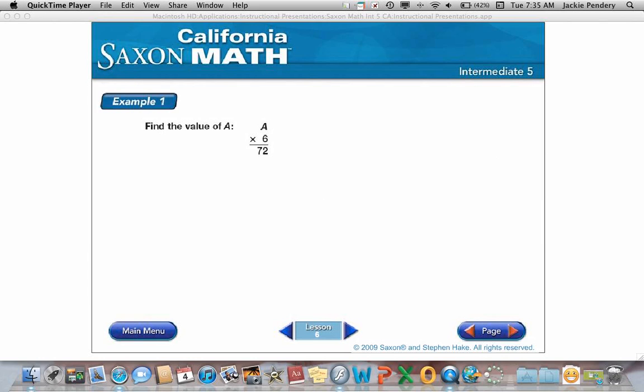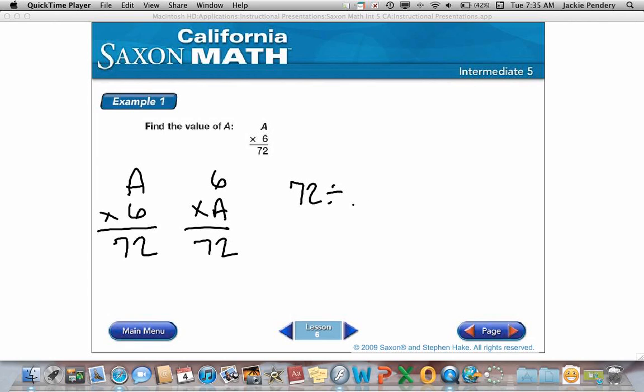Example 1 is a times 6 equals 72. So if we rewrite this in our fact family: a times 6 equals 72, 6 times a equals 72, 72 divided by a equals 6, and 72 divided by 6 equals a.